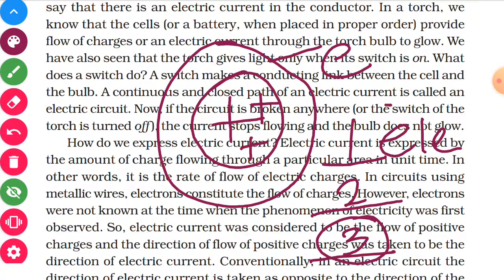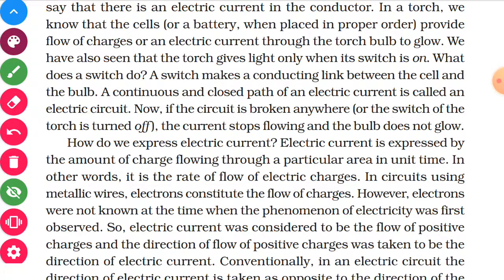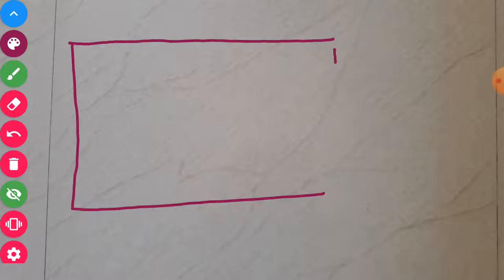So this outermost orbit electron will come out from the orbit, not from the metal. It will remain within the metal, and this electron is responsible for the flow of electric current. Try to understand. Say you have a metal piece, and these are the metal atoms.